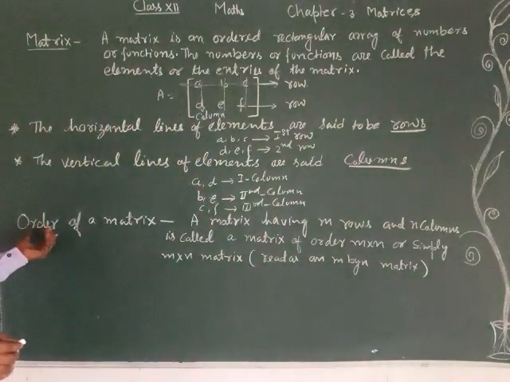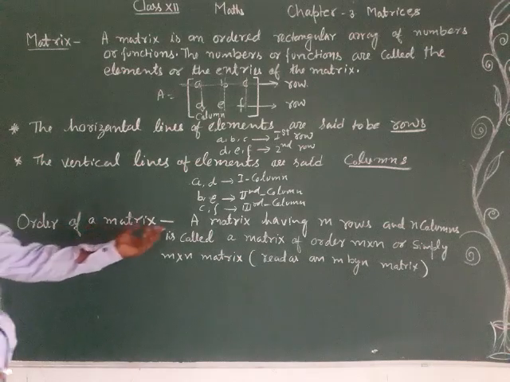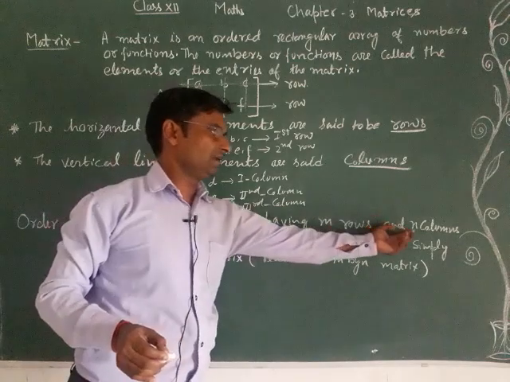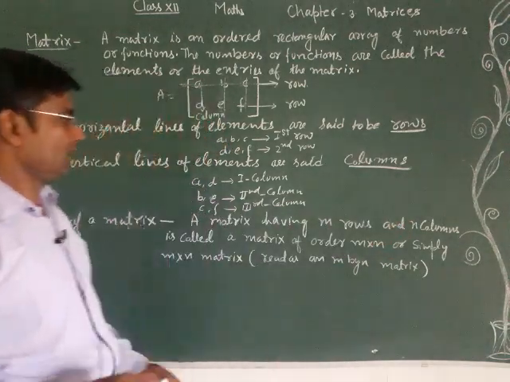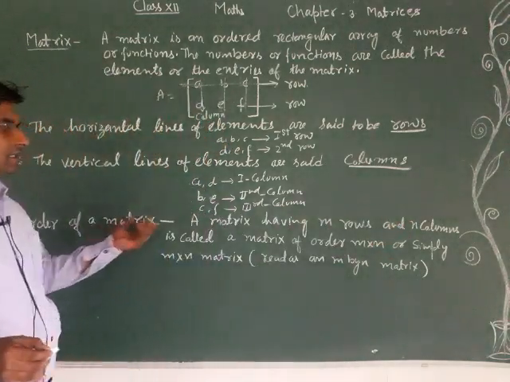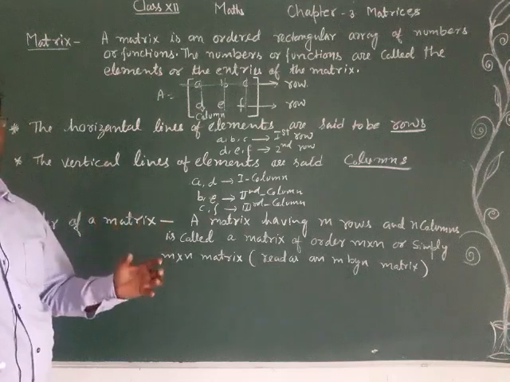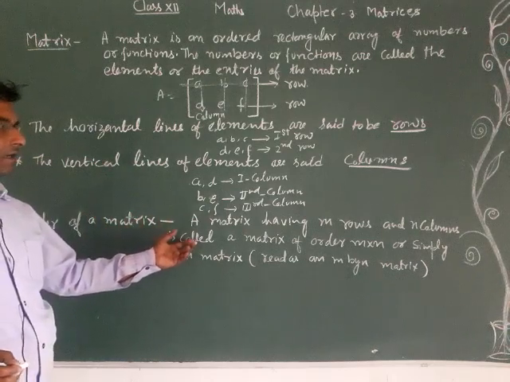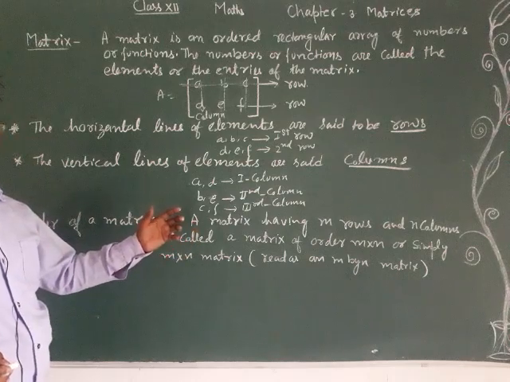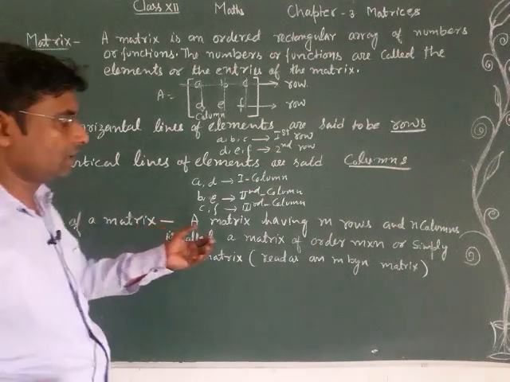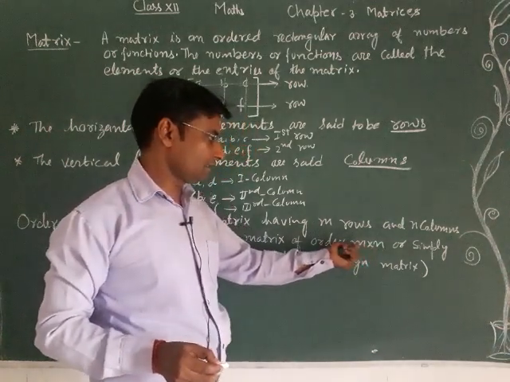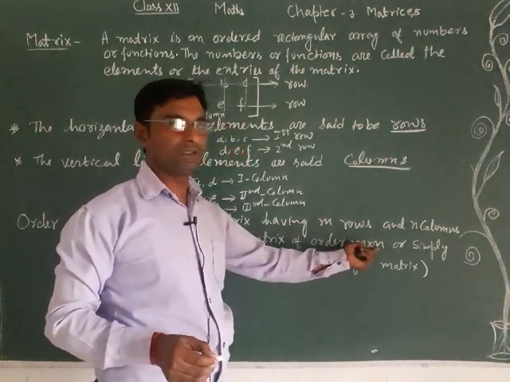Order of a matrix. A matrix having m rows and n columns is called a matrix of order m cross n, not m into n.